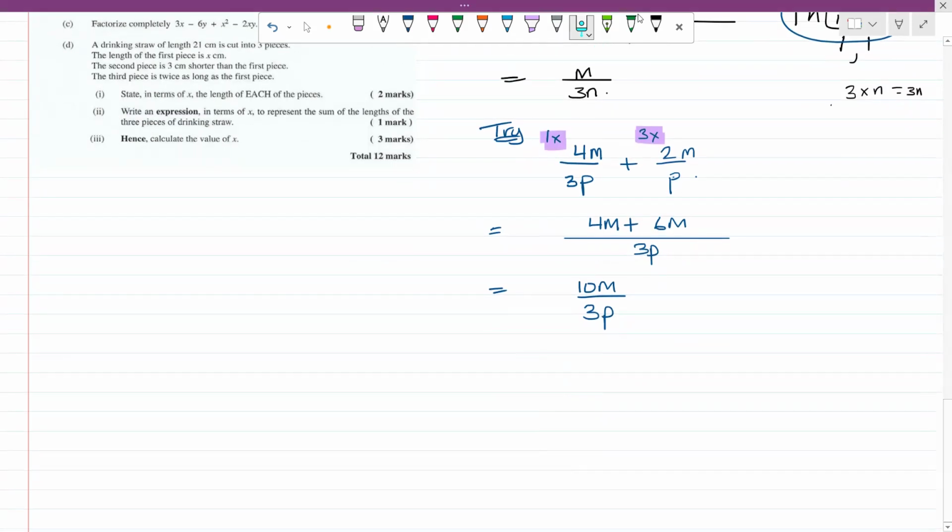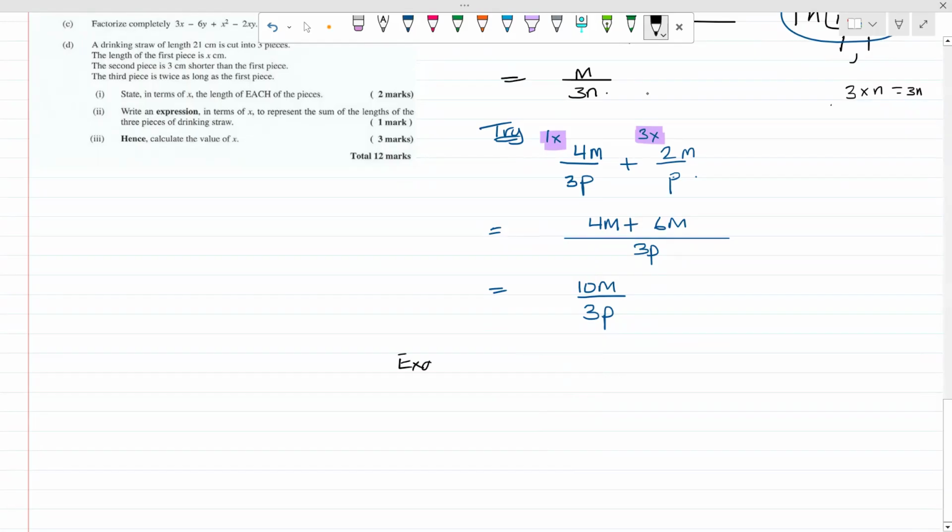Now look at this other example that I'm going to show you here, right? What if I had something like 5 over 2a squared plus 2 over 3ab?